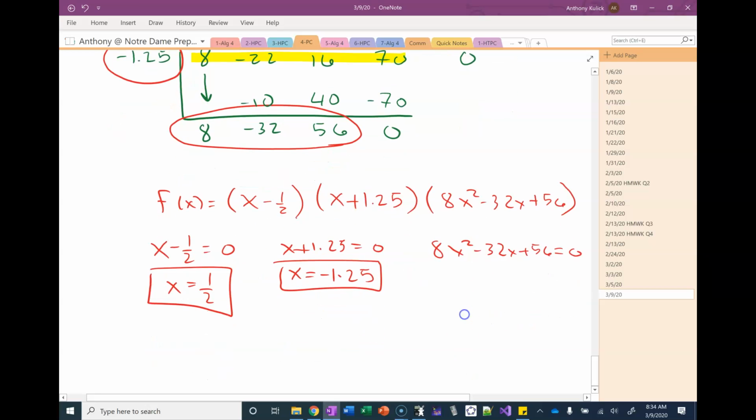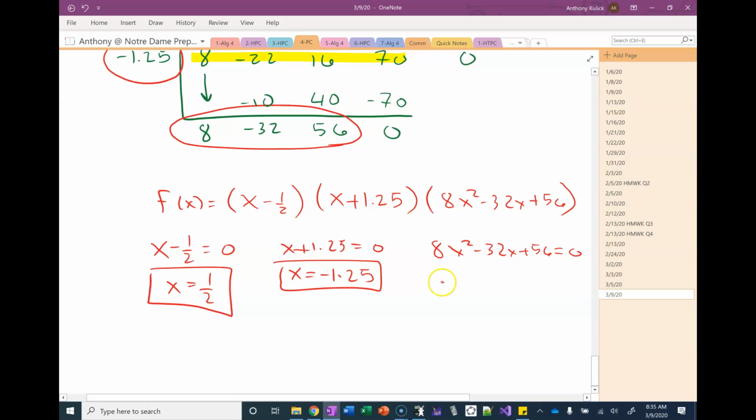And solve for 8x squared minus 32x plus 56. How are we going to solve that? So you say there's a greatest common factor here that you want to deal with? Is that what you're saying? Okay. And you said the greatest common factor is? It's actually a little bit more. It's 8.